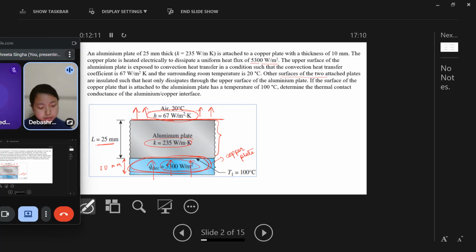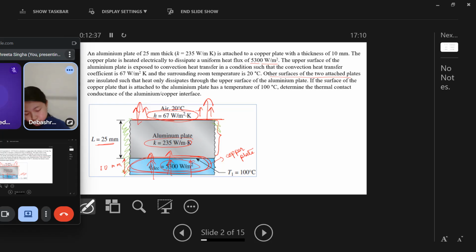Then other surfaces of the two plates are insulated. That means only this surface is convecting, and this surface is conducting, and all other parts are insulated.